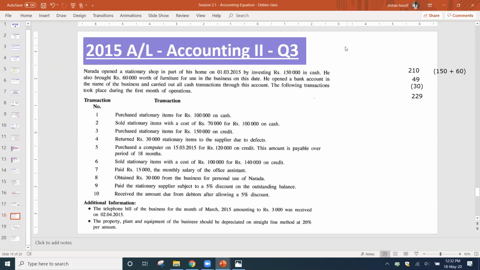In this question, owner has invested here. Narada opened stationery shop. He invested 150,000 cash and he also brought 60,000 worth of furniture. So it is his investment, 60,000. So it is not a transaction done in the business. It is his investment, initial investment.